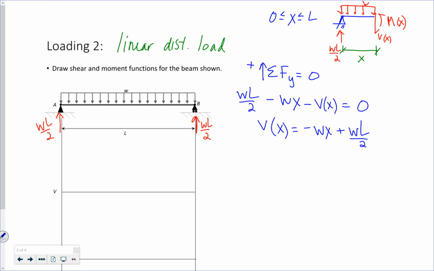If I solve for my moments equal to 0, taking the moment here where I cut my section, let's see, acting clockwise, so it's negative WL over 2 times the distance X, right?